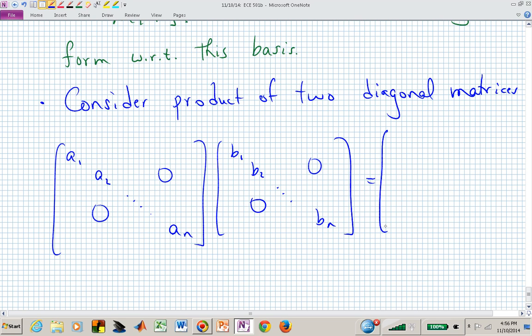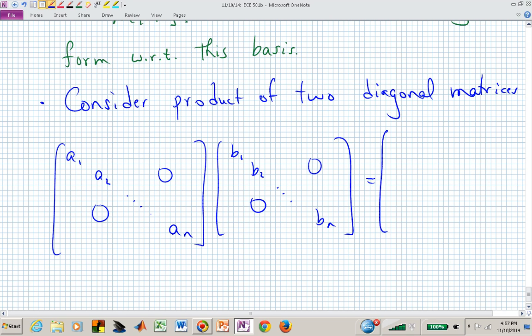What does that look like? So now if we look at the second matrix and we say, okay, what's the first column going to look like in the product of this diagonal times another diagonal?